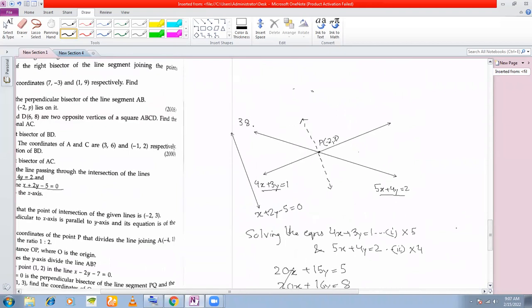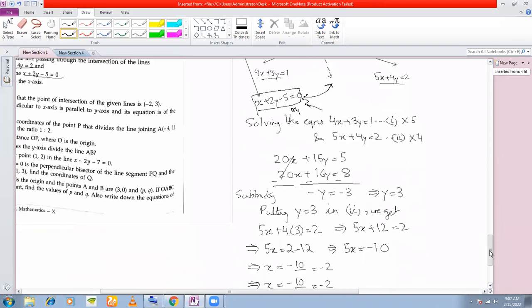Now we need to find the equation of this dotted line which passes through this point P minus 2, 3, and which is parallel to the line x plus 2y minus 5 is equal to 0. Since these two straight lines are parallel, their slopes must be equal. Let us say the slope of this is m1. Find the slope of this line by writing it in the form y is equal to mx plus c.